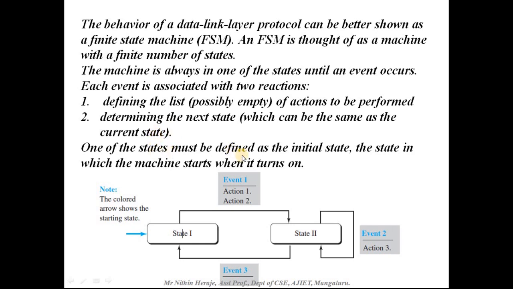One of the states must be defined as the initial state in the total finite state machine, or what we call a transition state diagram. The initial state is the state in which the machine starts when it turns on. If you look at this diagram, this arrow indicates the starting state of the machine, which here is state 1.